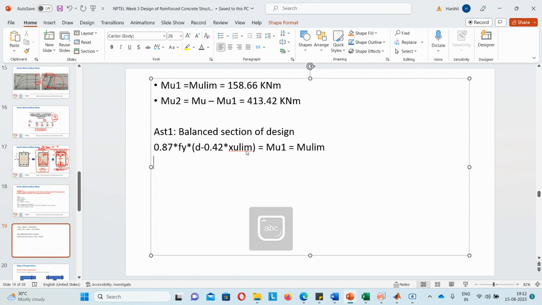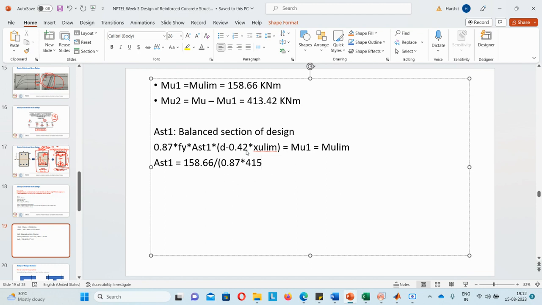So we know all the values. AST1 will be 158.66 divided by 0.87 times 415 times (500 minus 0.42 times 240).